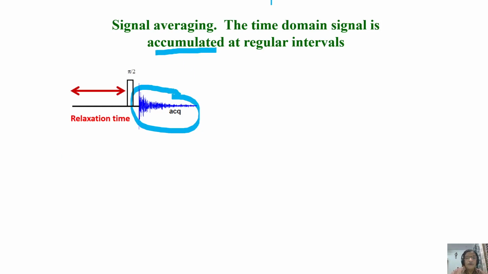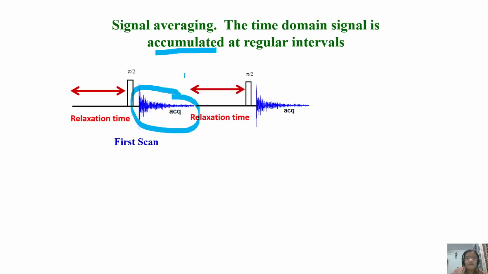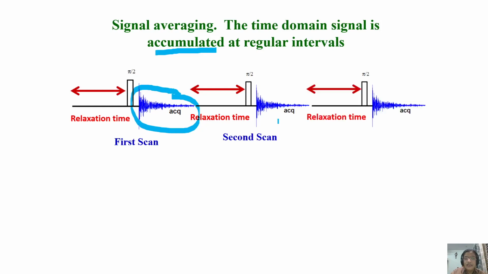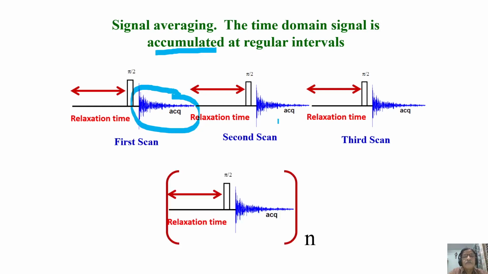So what you will do, this is the first scan, and afterwards wait for some time and then send a second radio frequency pulse, acquire signal. Then after some time, send a third radio frequency pulse, acquire the signal. So what you will be doing? The same one-dimensional experiment of sending the pulse and acquiring the data, you are repeating n number of times. And n number of times, you will be co-adding the data.